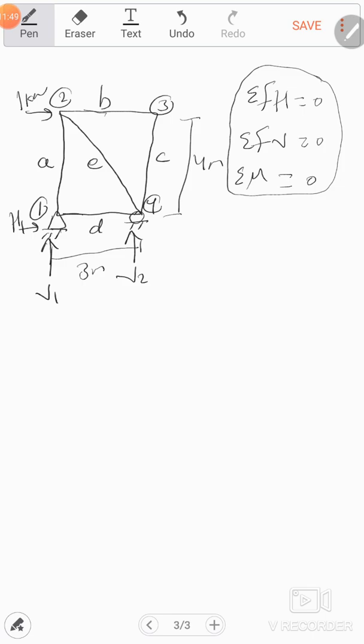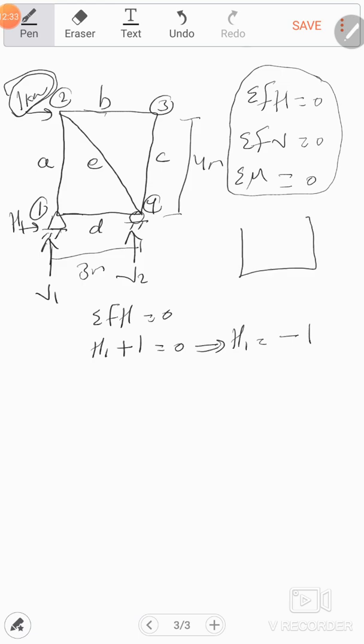Now, we have one unknown force in the horizontal direction. It's easy, I can find it by summation of FH equals 0: H1 plus 1, the force 1 that I assumed, equals 0, so H1 equals minus 1. Here be careful. I will draw a small part to show you the mistake most students make.